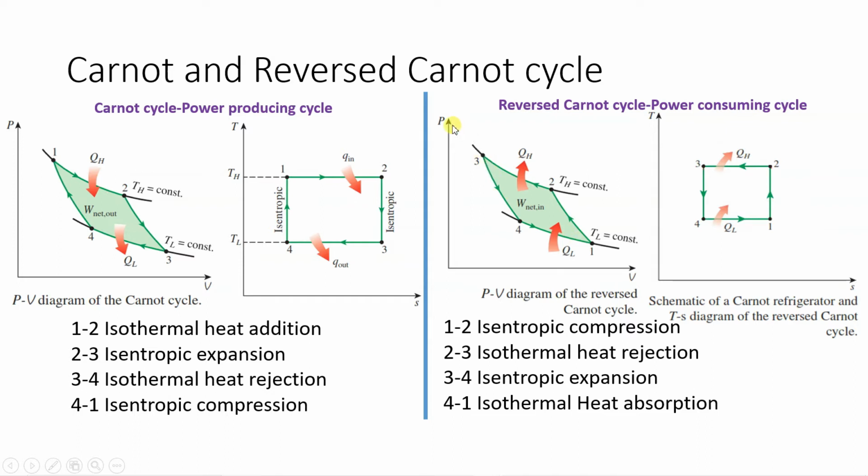We have plotted this on PV diagram, and similarly it has been shown on TS diagram. The only difference to remember is that Carnot heat engine is in clockwise direction, and reversed Carnot cycle, which is a power consuming cycle, either refrigerator or air conditioner, or you can say heat pump, is anti-clockwise.